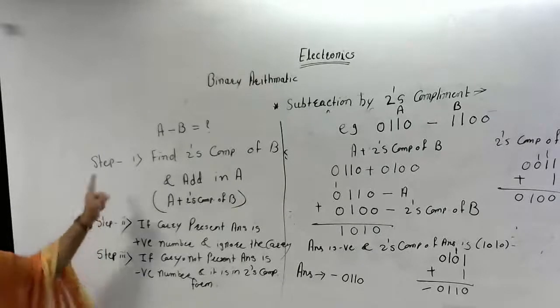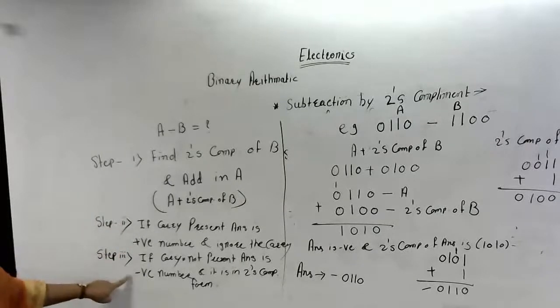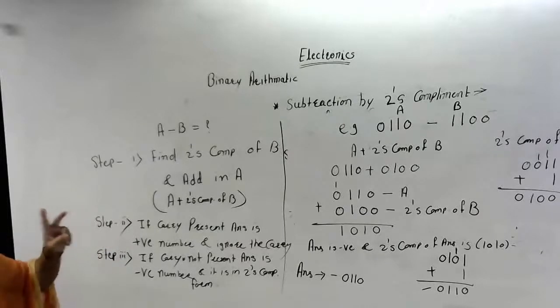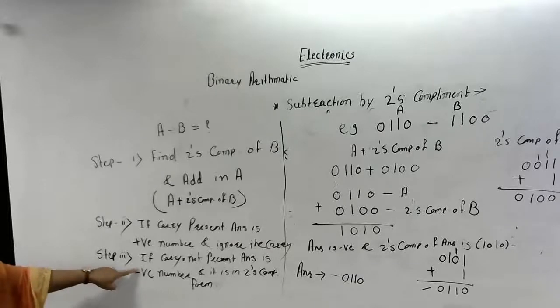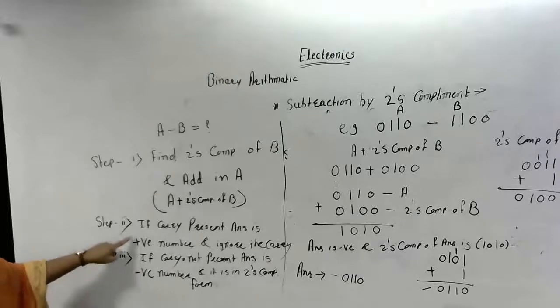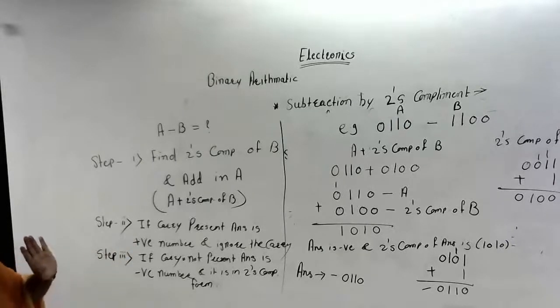Then you have to explain these steps in words and 2 examples. In one example, A is greater than B, and in the second example, A is less than B. The minus answer one will show the third step, and if A is greater than B, then how to ignore the carry and the answer will be right.